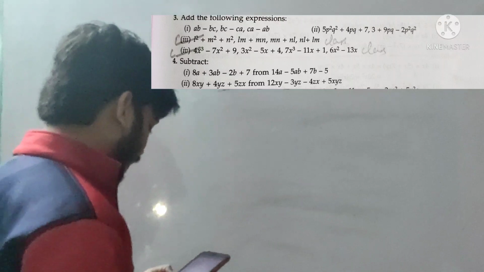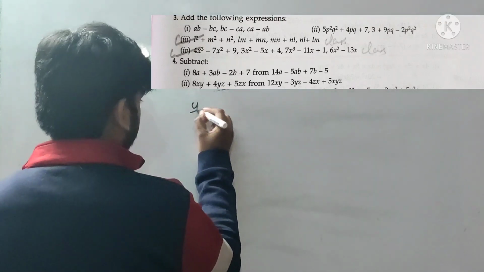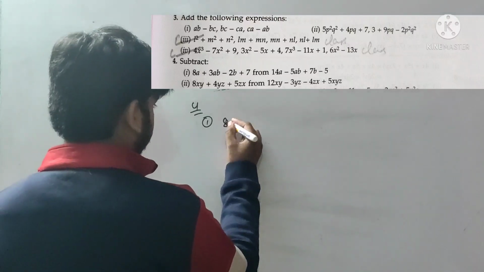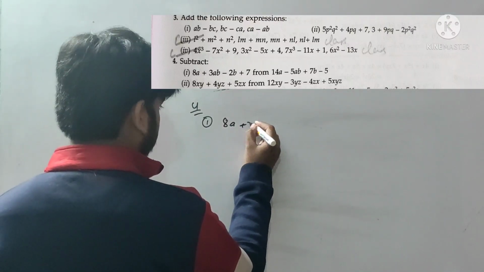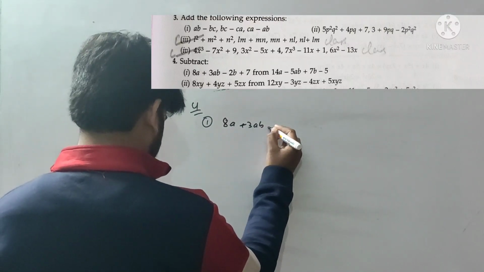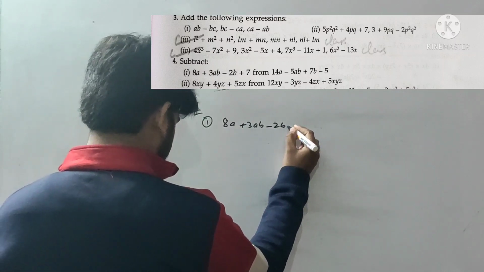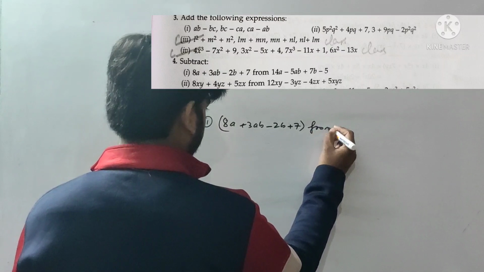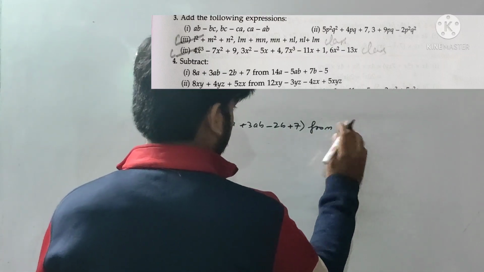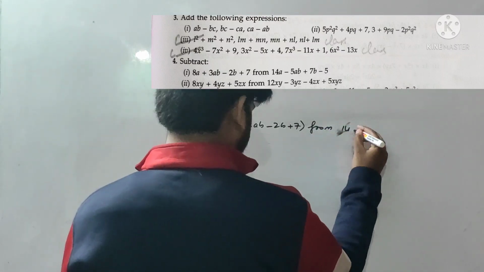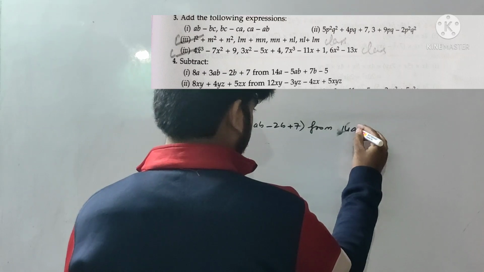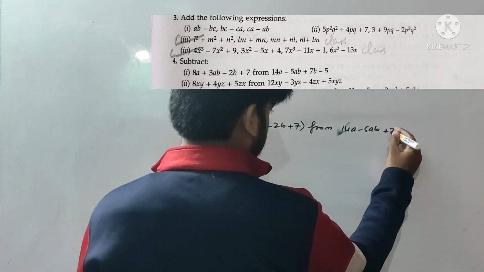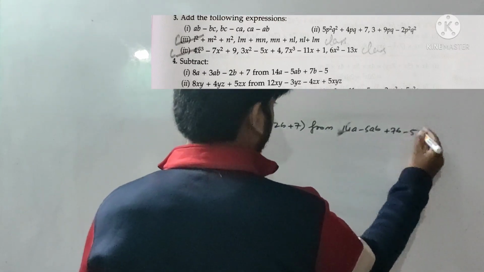Here is number 4, 4(1): subtract 8a plus 3ab minus 2b plus 7 from 14a minus 5ab plus 7b minus 5.